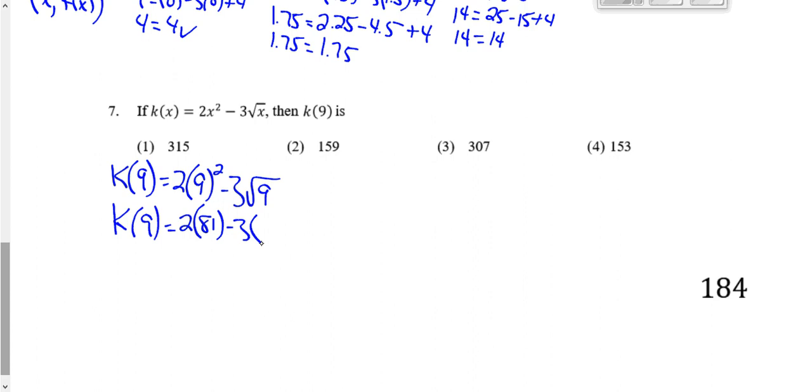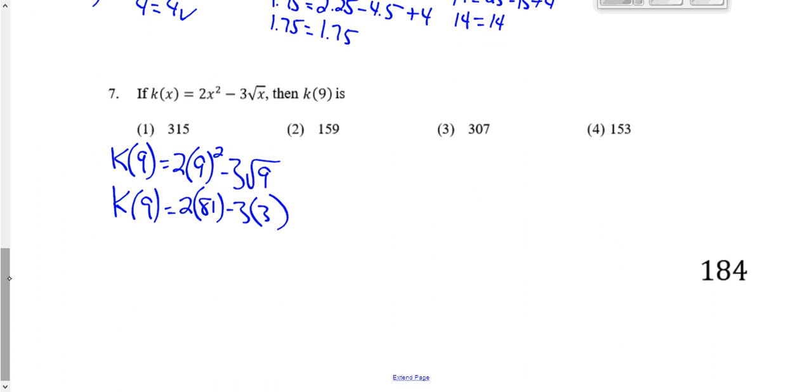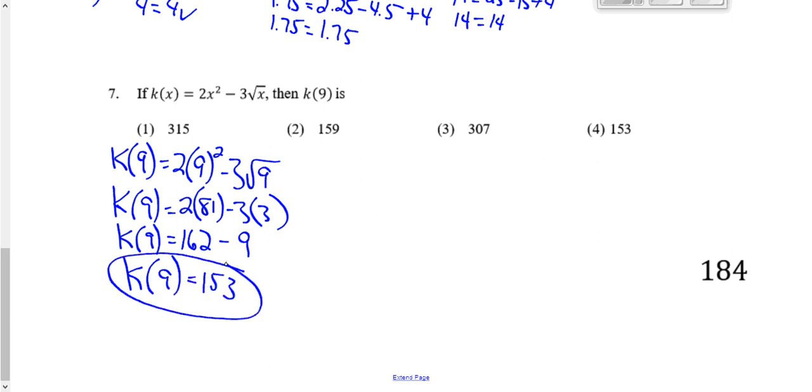What is the square root of 9? 3. What's 2 times 81? 162 minus what? 9. And that is what? 153. Okay, you get the square roots a little bit now, Hannah?